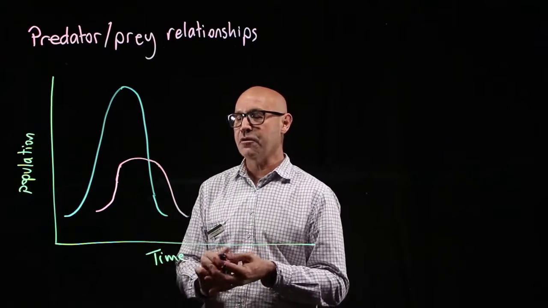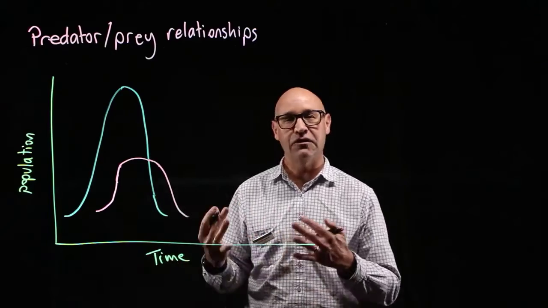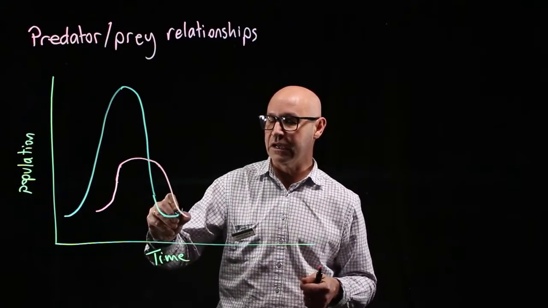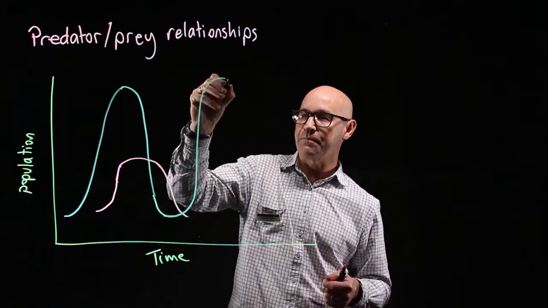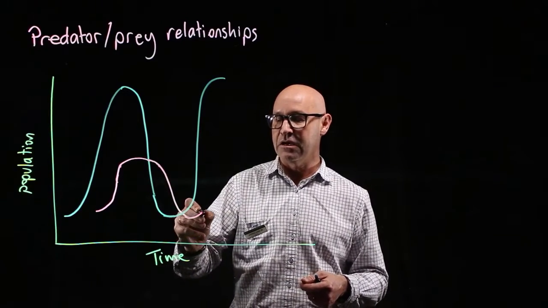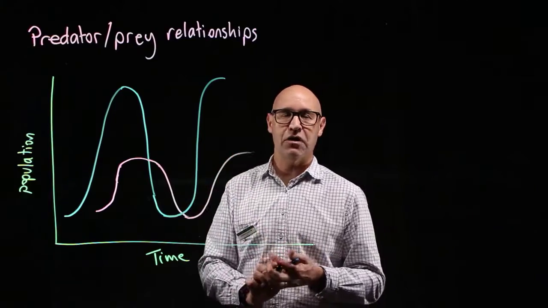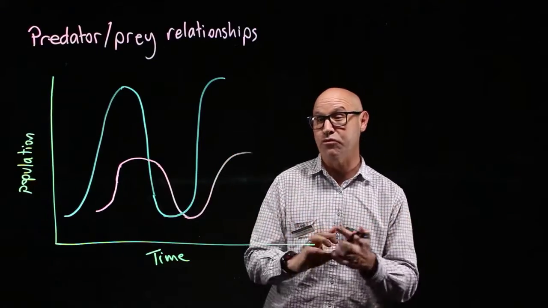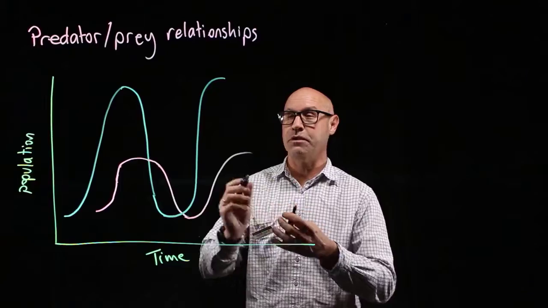And if the predator population decreases, well, that's the ideal time for the prey population to increase again. And if the prey population increases, well, that's going to be the ideal time for more predators to come along or reproduce and increase the predator population.